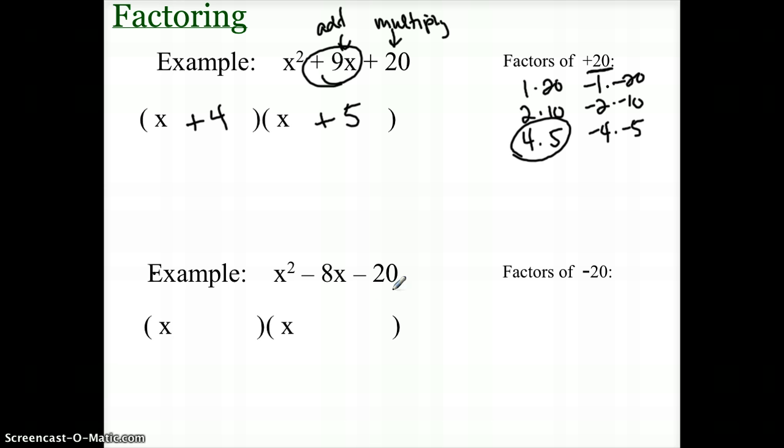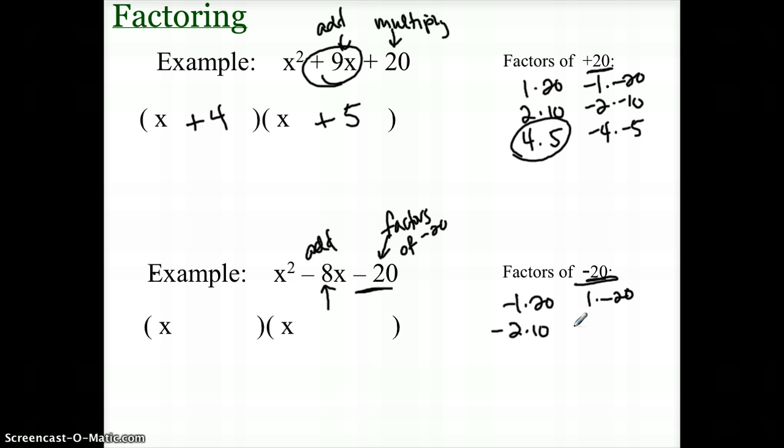It's just a matter of finding your factors and then seeing which add to give you the negative 8. And you're going to look for factors of 20, in this case, negative 20. So here we go. To the right, factors of negative 20. Negative 1 times 20, or 1 times negative 20. Negative 2 times 10, or 2 times negative 10.